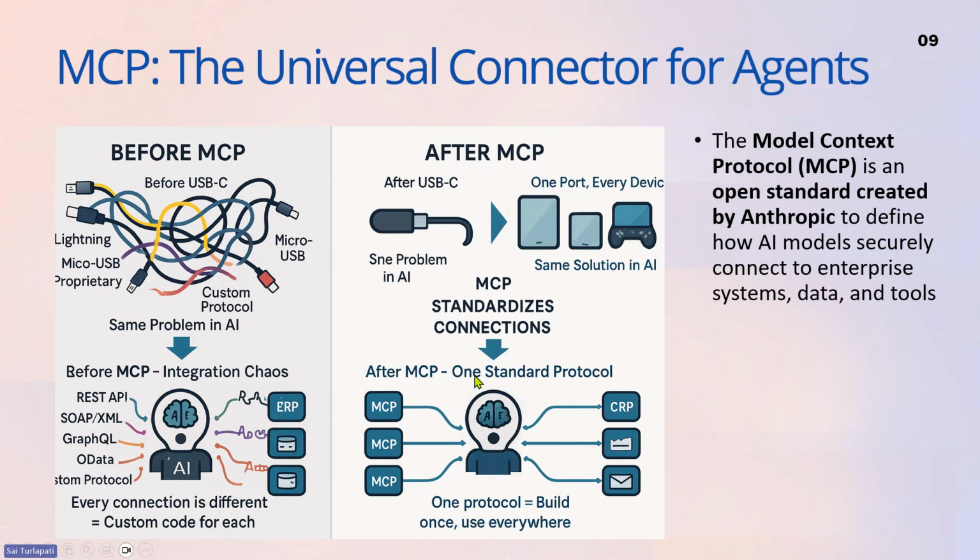But with the introduction of MCP, this AI agent can connect with any of the systems using only MCP. This is similar to how we charge any electronic gadget or transfer data using USB-C. To simplify, MCP is similar to USB-C, and this standardization was proposed by a company called Anthropic.